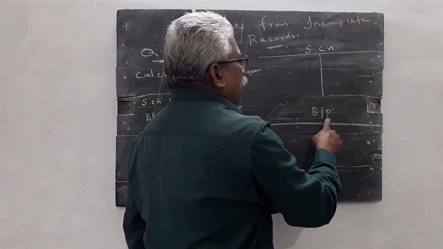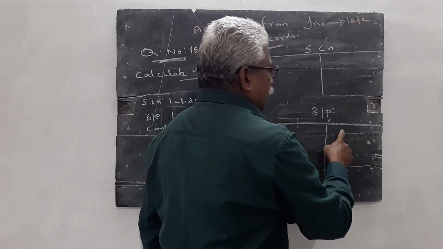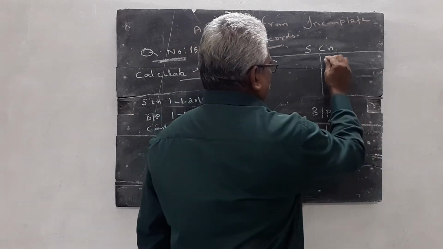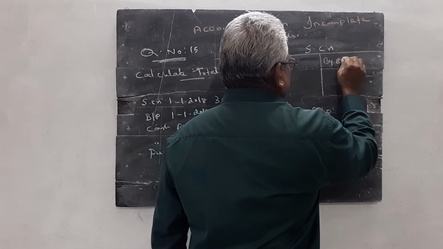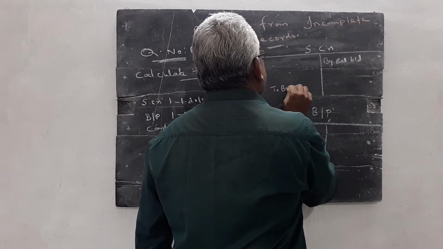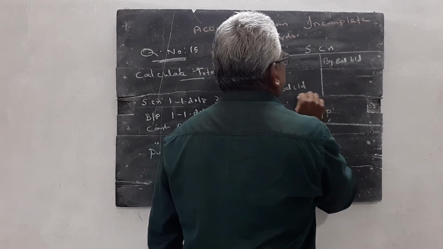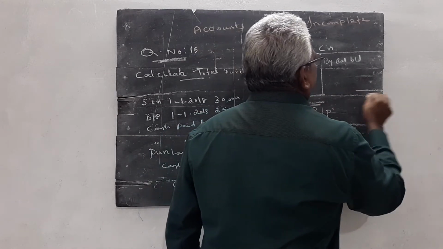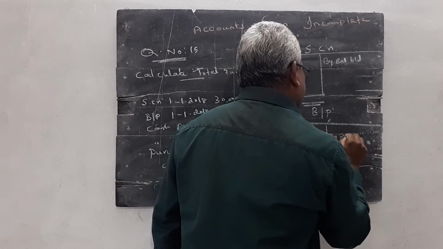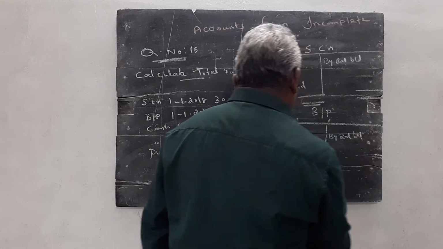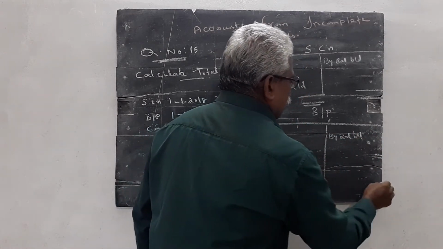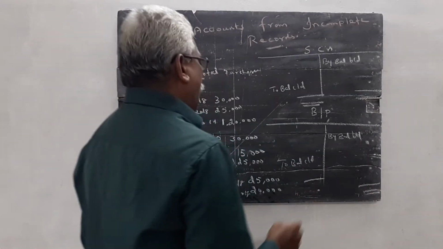In the bills payable account also same procedure. First we write the opening and closing figure. By balance brought down, to balance carried down. Here also the same.